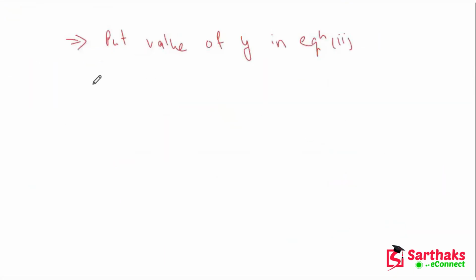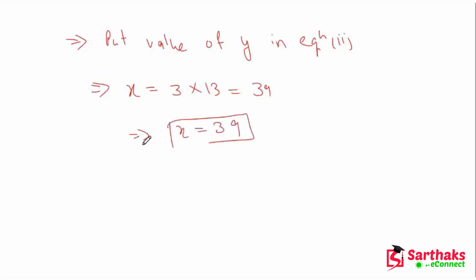So x will become, x is equal to 3 into 13. Okay, and it will become 39. So the value of x is equal to 39. So we have two numbers, 39 and 13. The numbers are 39 and 13. Okay, so now let's move on.